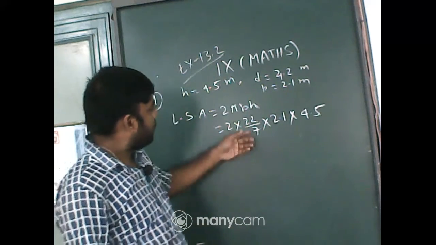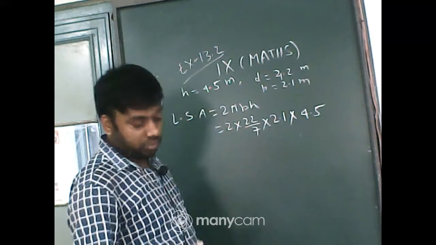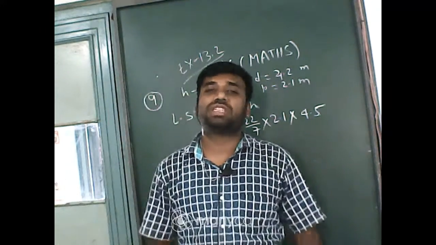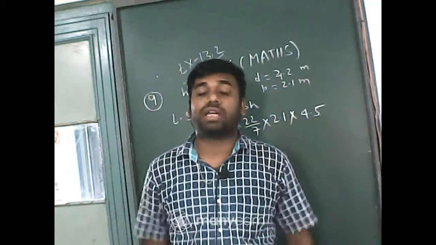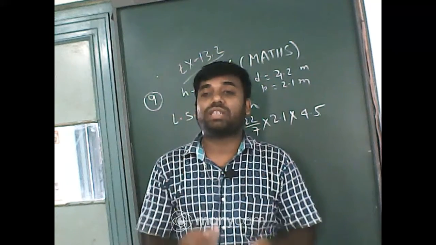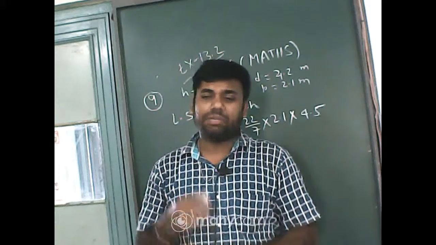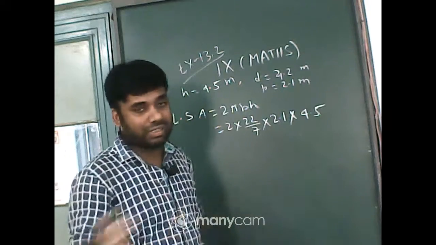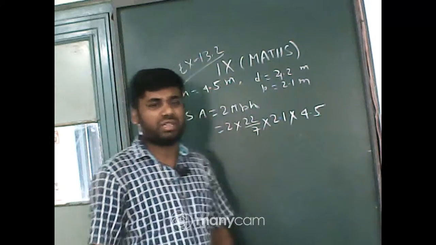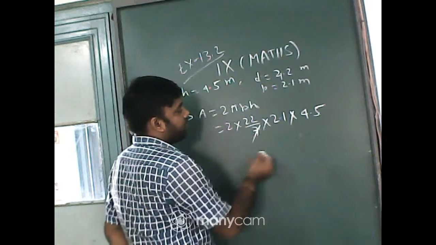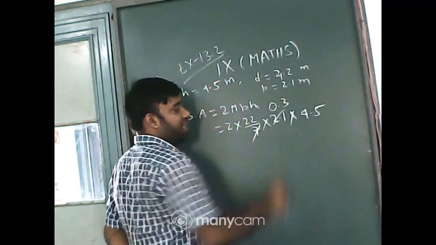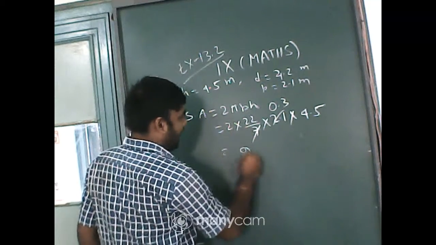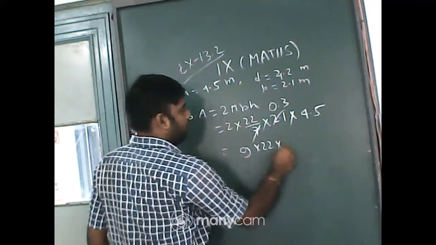Now students, this part of mathematics is called mensuration. The main problem of mensuration is calculation, and you need to learn how to calculate. It will be easier. If you multiply all the numerators and then divide by 7, it's very difficult to match the answer. Just watch it. 0.3, 2 into 4.9, that is 9 into 22 into 0.3.